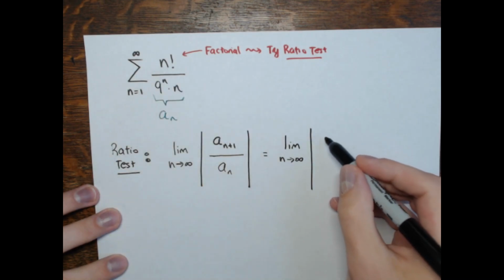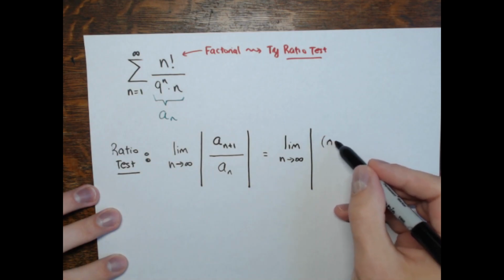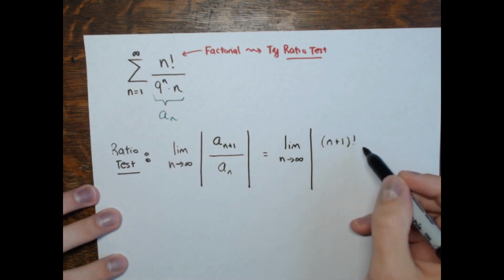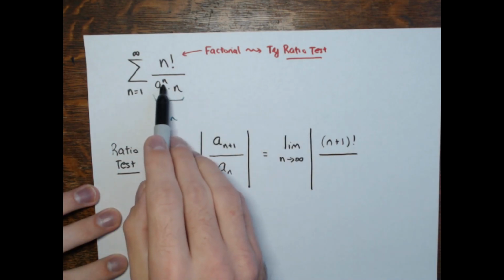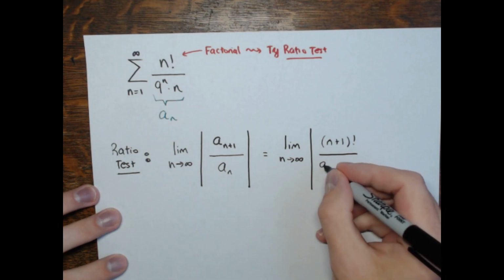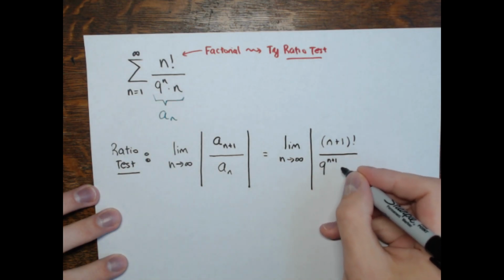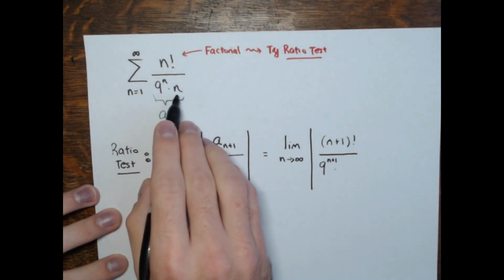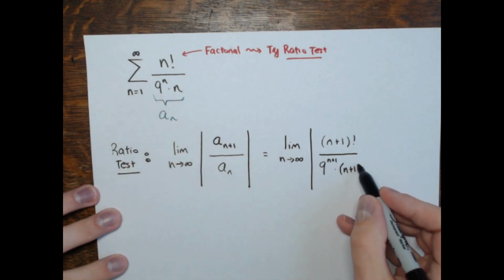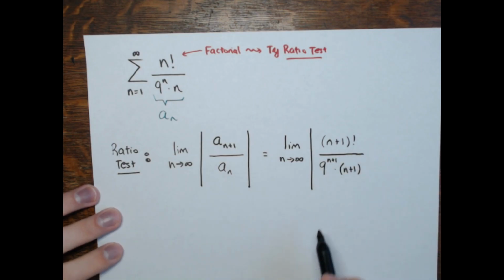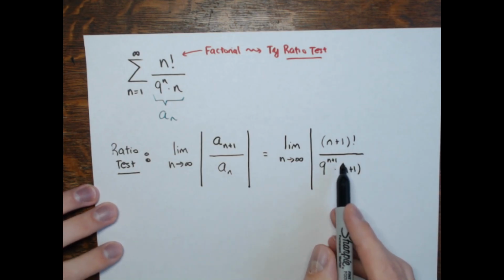So instead of n factorial, n plus 1 factorial. And instead of 9 to the nth down here, you have 9 to the n plus 1, multiplied by, instead of n, the quantity n plus 1. So that's a sub n plus 1.